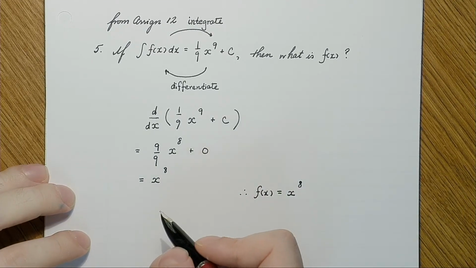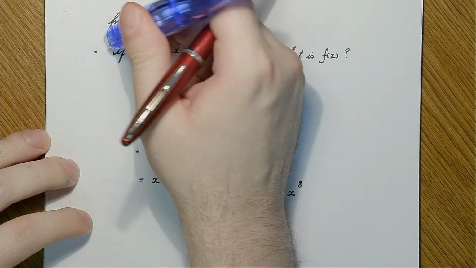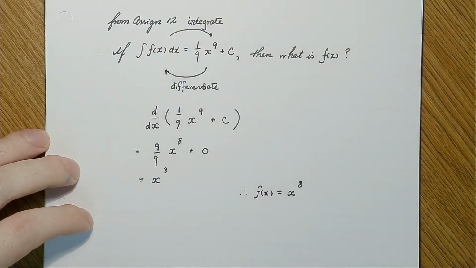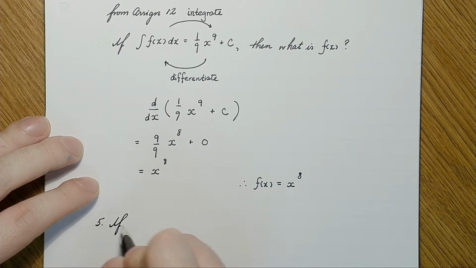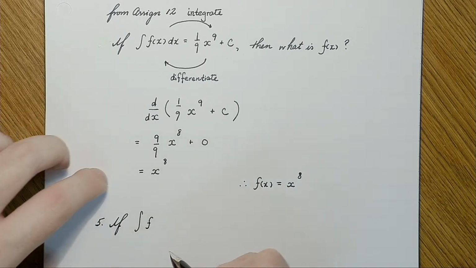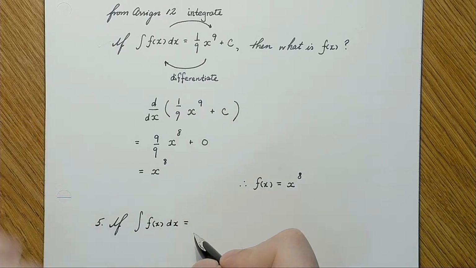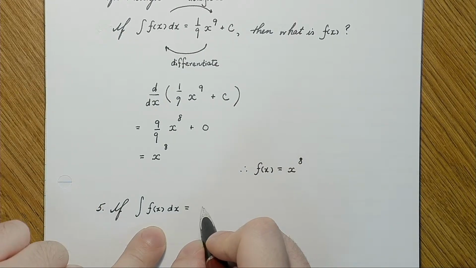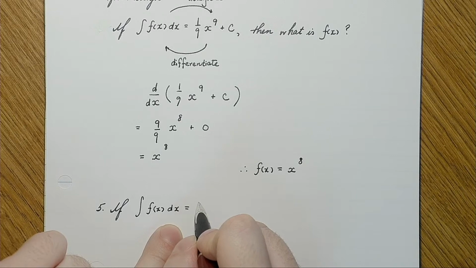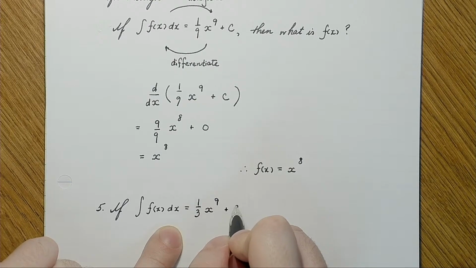Okay. Because what had thrown me, and I should maybe white this out, is that I had copied it incorrectly from the assignment. So this is good, just to make sure that there's no discrepancy between what we've done in our tutorial and what's on the assignment. I had just copied it down incorrectly, so I have it as 1/3 x to the 9th plus c.